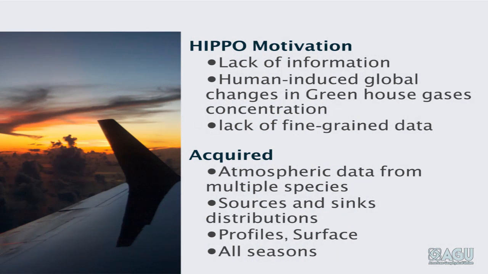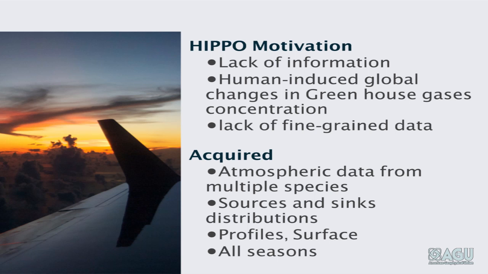And Alison is going to show you some plots about that. But we have a lot of data from HIPPO. A lot of the data that was collected was atmospheric data, and I'll show you some of the species that we measure. The aim of these measurements was trying to understand the sources and sinks of the atmospheric gases.